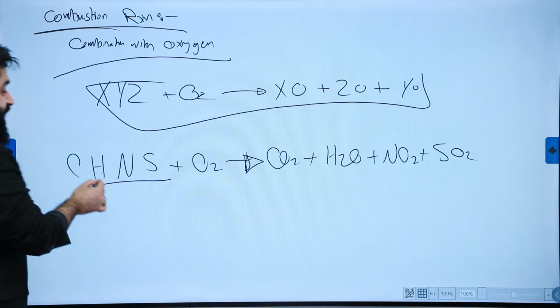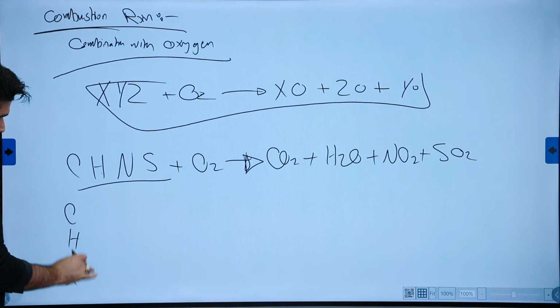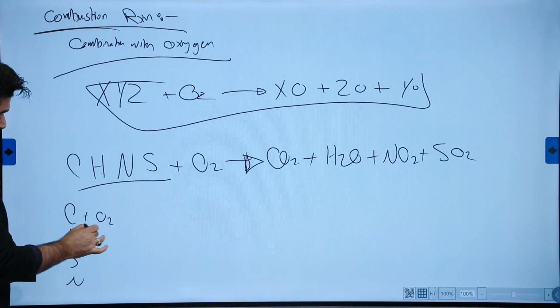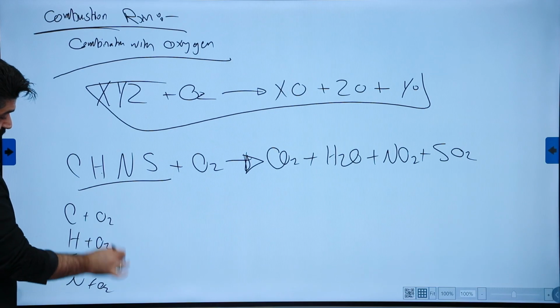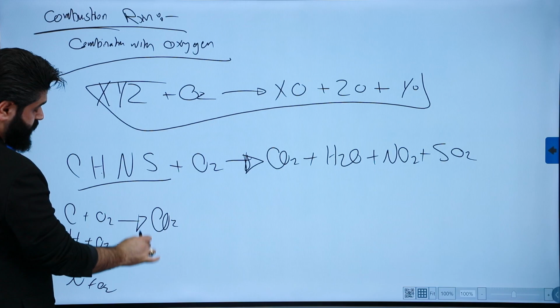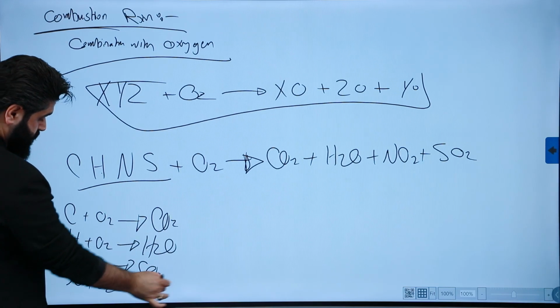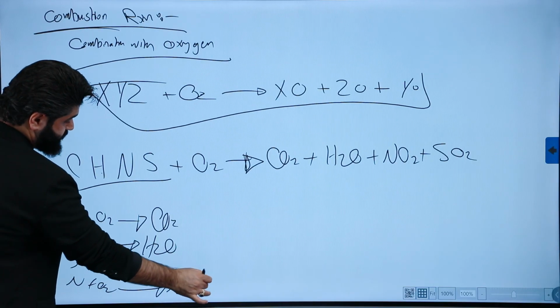For you, we only have these four combinations: carbon, hydrogen, sulfur, nitrogen, each plus O2, to form CO2, H2O, SO2, and NO2.